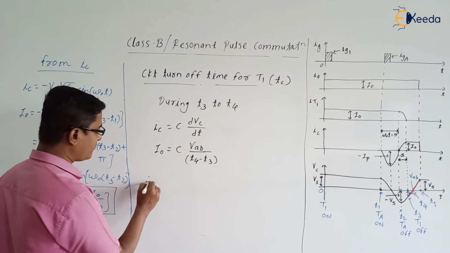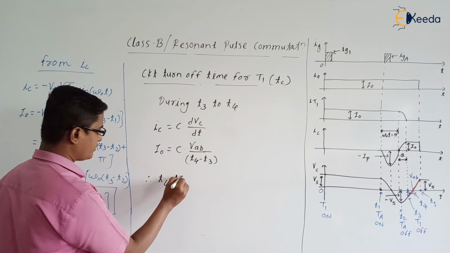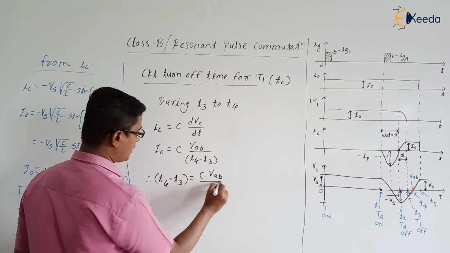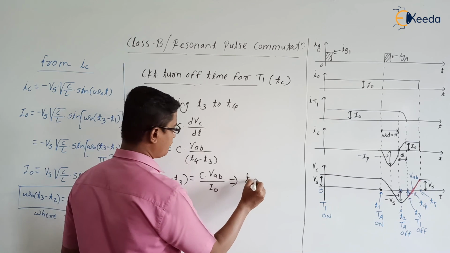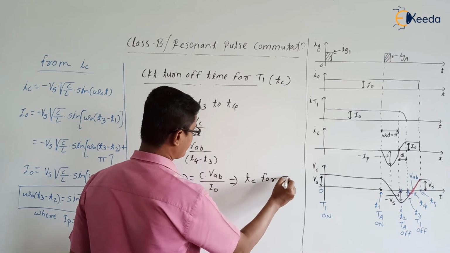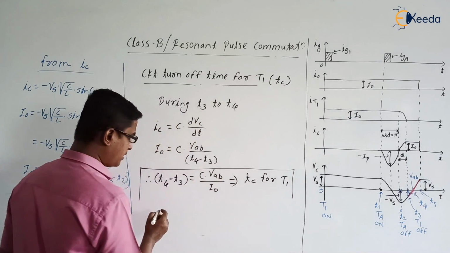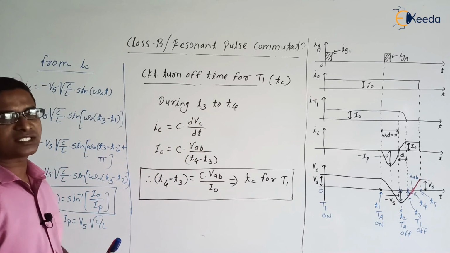Therefore we can write T4 minus T3 is equal to C into VAB upon I0, which is TC for T1. Is this clear to all?